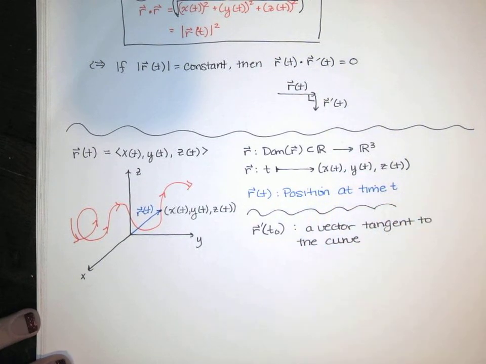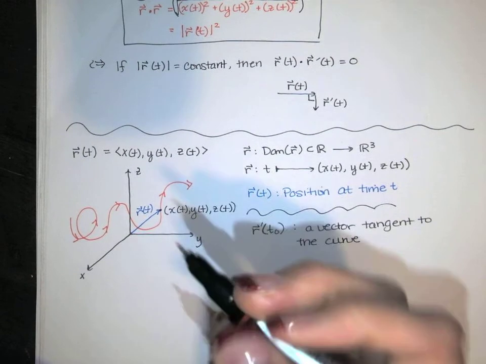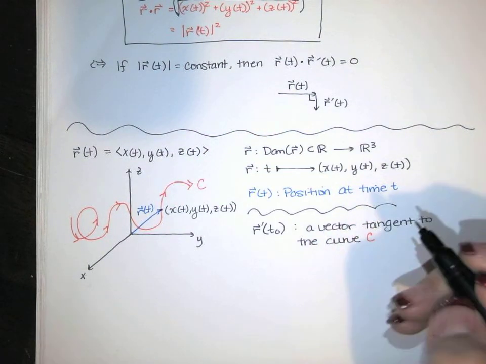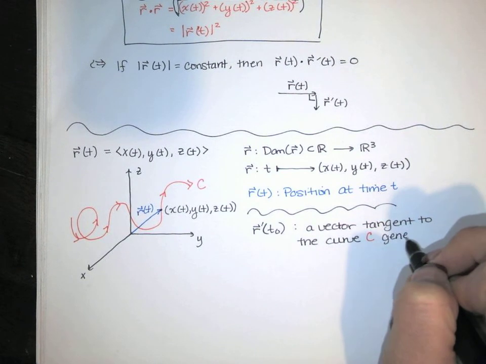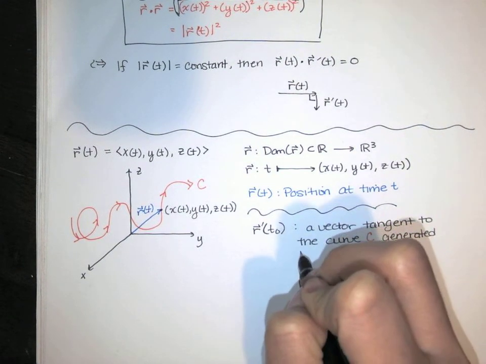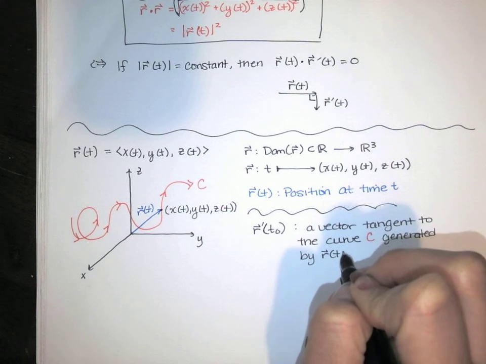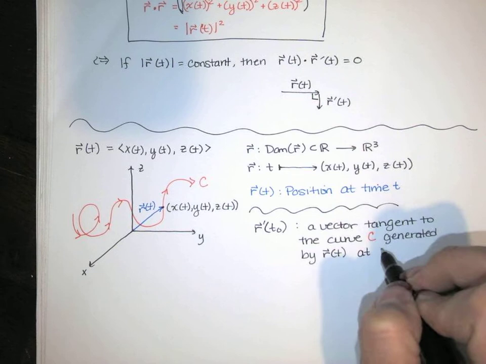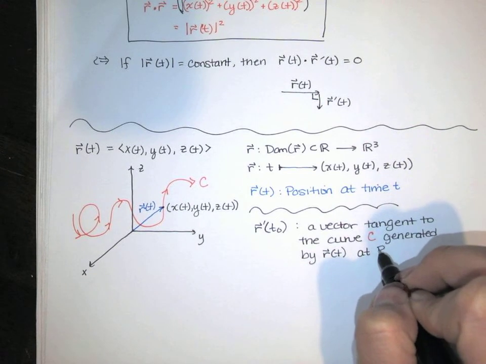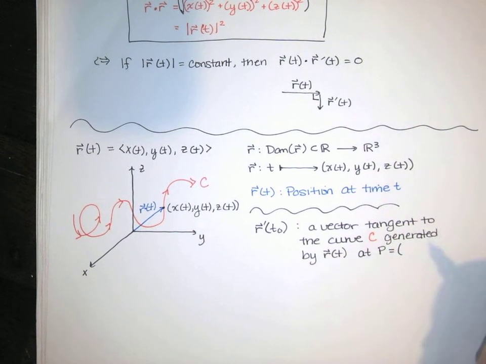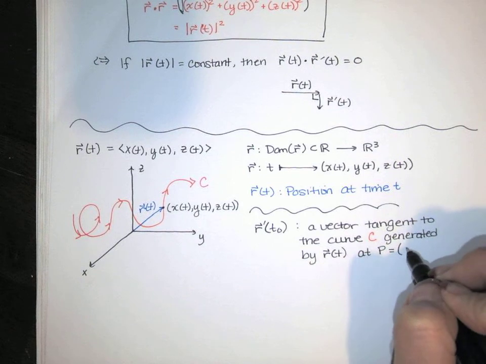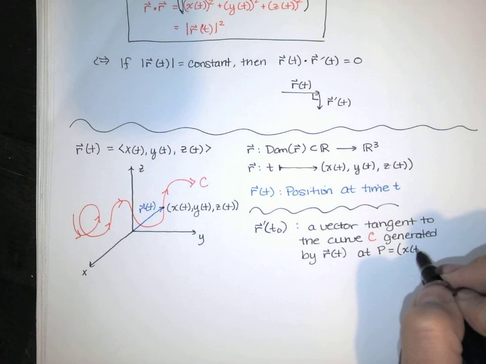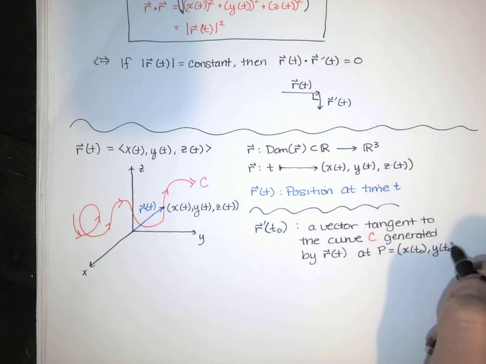And I'm going to call my curve C, generated by our vector valued function, or our vector function r of t. And it's tangent to the curve at the point of tangency, at t equals t naught. So it's going to be tangent to the curve at p of t naught, which is going to be the terminal point of r of t naught. So it'll be x of t naught, y of t naught, z of t naught.